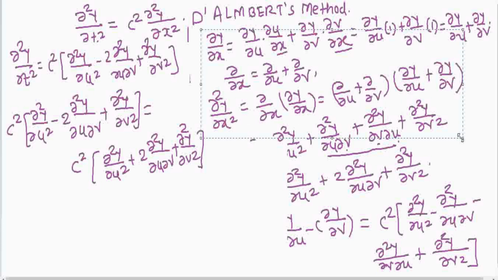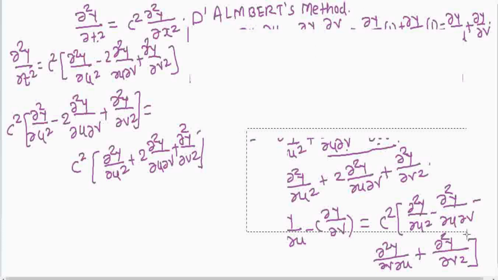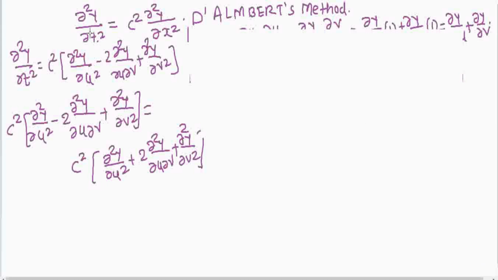Then look at the common terms that will be cancelled. Here c² will be cancelled. Again ∂²y/∂u², this is a positive sign, this will be cancelled, and this one is also cancelled.